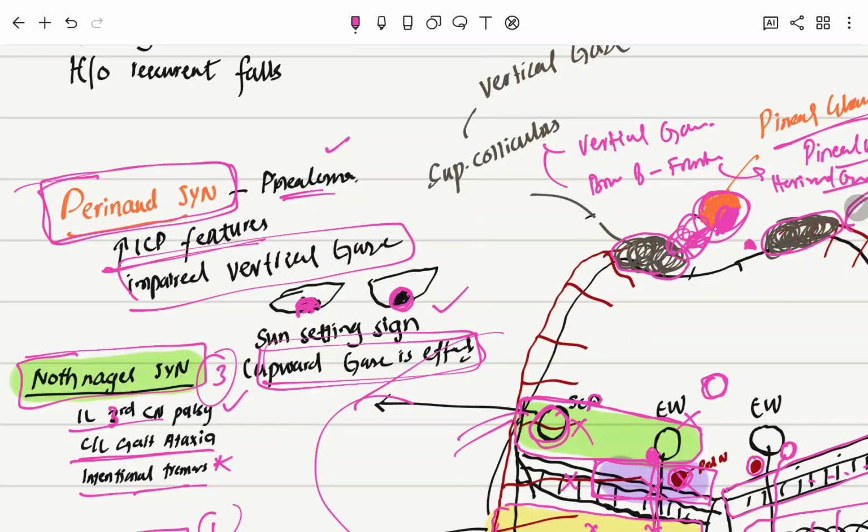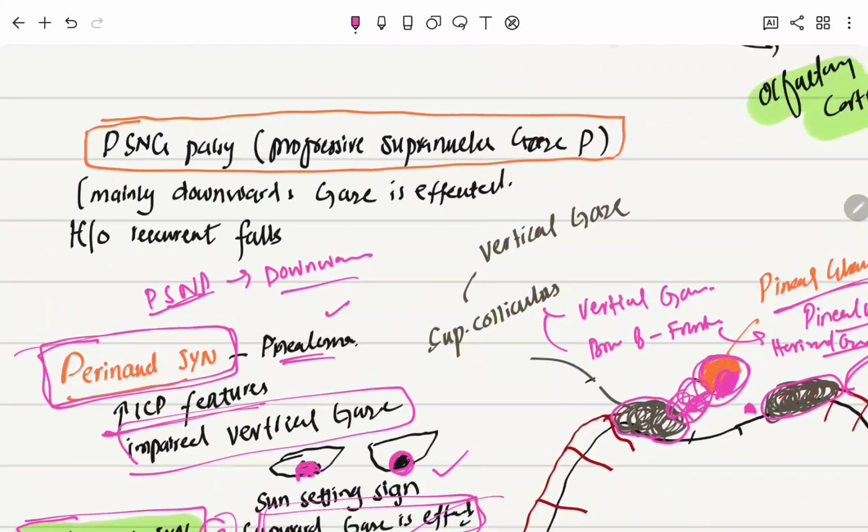All right, there is another syndrome called progressive supranuclear palsy. In these patients, mainly the downward gaze is involved, so let's discuss that too.